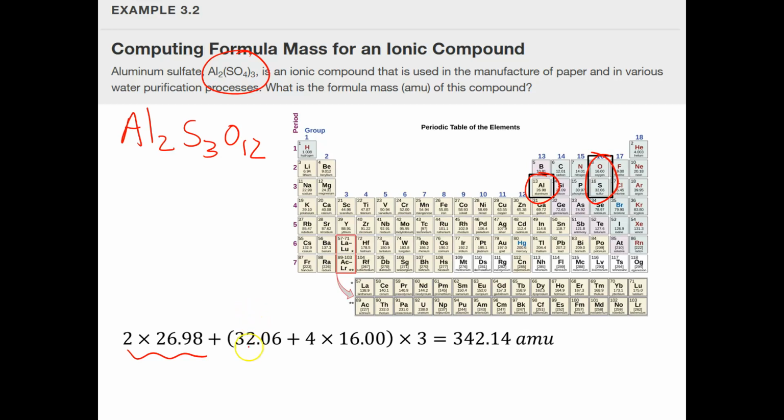Then I've got sulfate, but that is multiplied by 3. So just making sure that we've got everything accounted for is the key here. And here we are, 342.14 AMU. Some periodic tables will give masses to 2 decimal places, some will give to 3. Just use the values that you're given on your test or quiz.